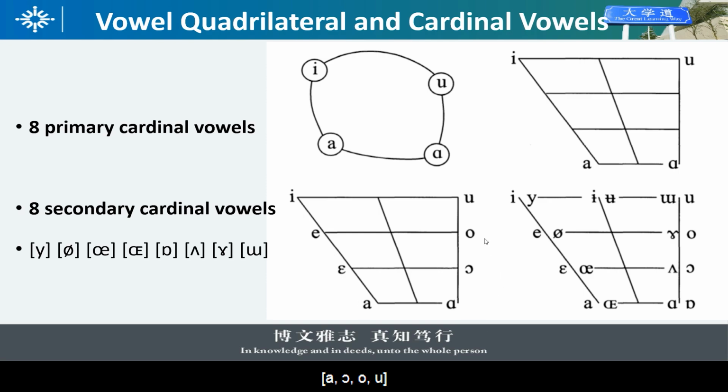Accordingly, each one has a neighbor of a rounded or unrounded vowel. And others, we call them 8 secondary cardinal vowels. And altogether, we have 16 cardinal vowels. 16 cardinal vowels cover almost most of the vowels in human language.